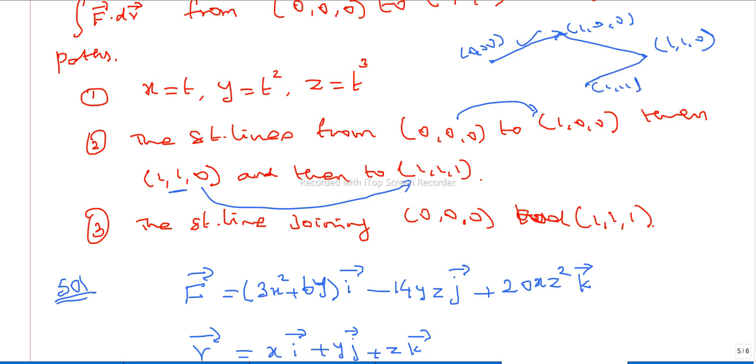We know the value along each of these, so just sum them and you get the integration along this direction. Similarly, for the last one, x, y, z all vary, so we can take t as the variable, with t varying from 0 to 1. You can simply solve it.